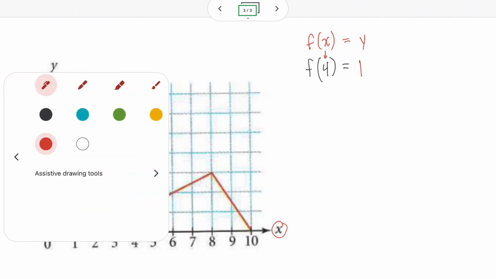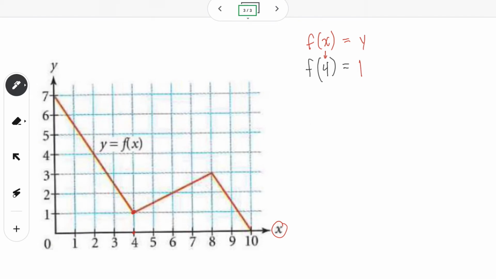Okay, next question. I'm going to write down all the questions I'm going to do: f of 2, f of 10, f of 0, and f of 6. So I'm being given all these x values and I'm going to find the y value. First, f of 2. Again, that's my x value.